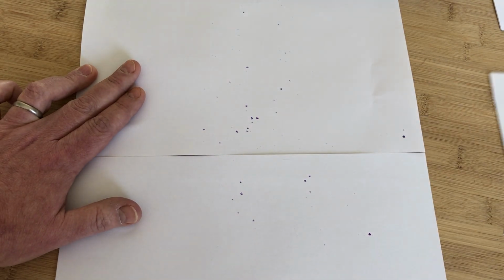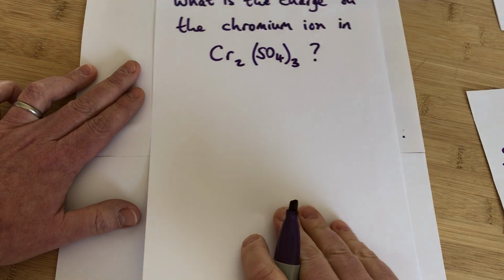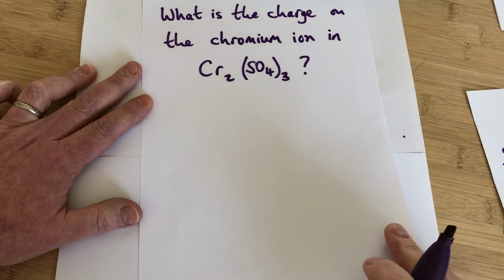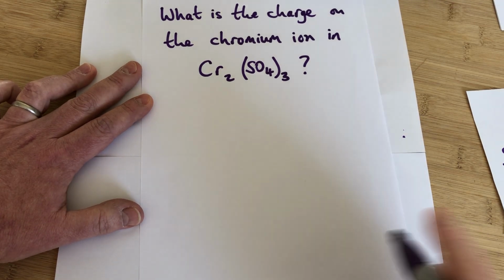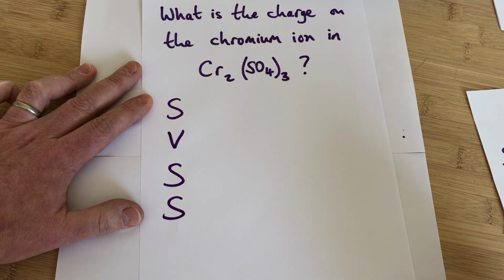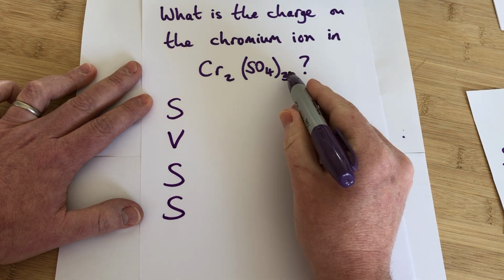Let's go back maybe to our original example. What is the charge on the chromium ion in this compound here, chromium sulfate? So if we do our SVSS again, the numbers are 2 and 3.